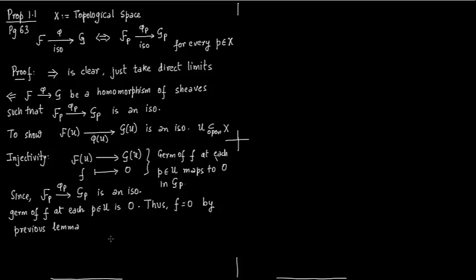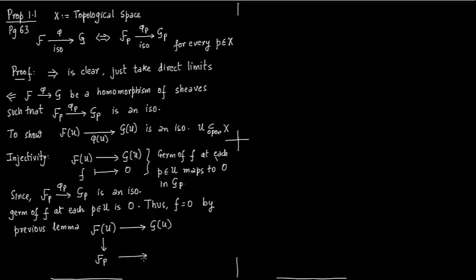So let us make this argument simple by a diagram. We go from F(U) to G(U) and we have these two maps.